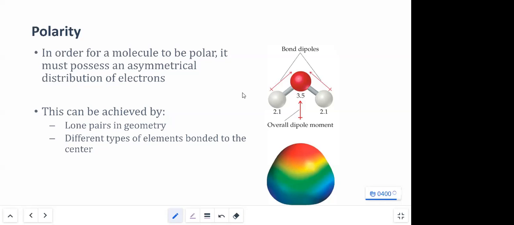And so that's where the VSEPR theory and that three-dimensional drawing of those structures can really help us in this regard. Because we can see this lack of symmetry show up in two ways. First of all, it can show up when we have lone pairs in our geometry.